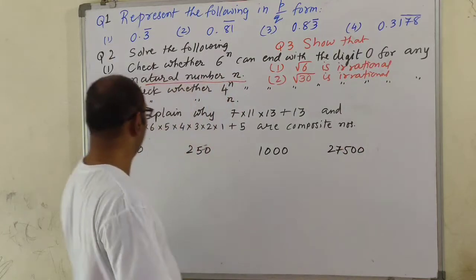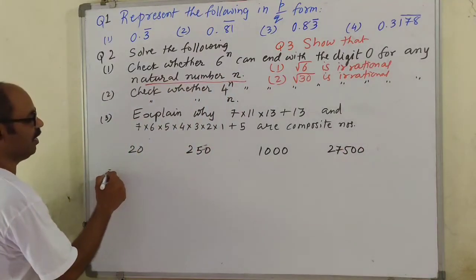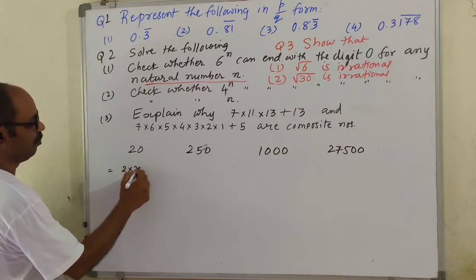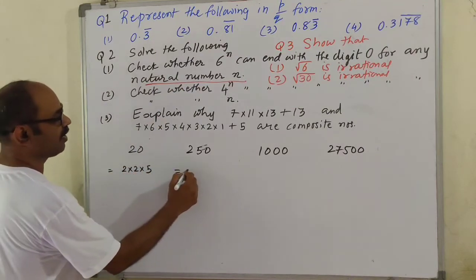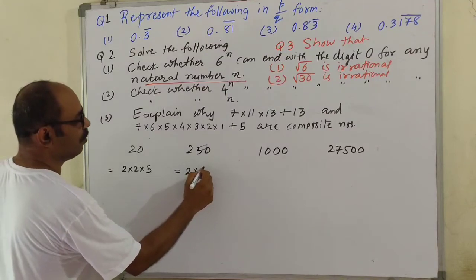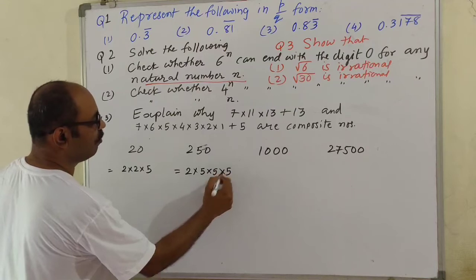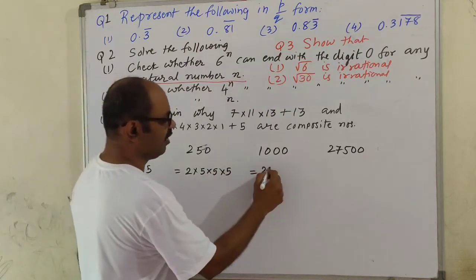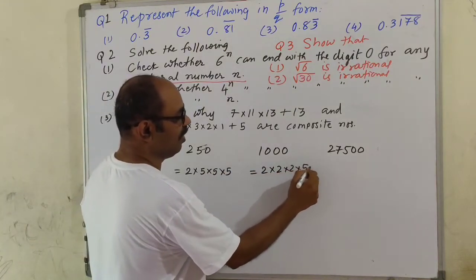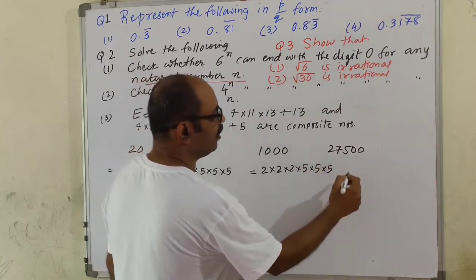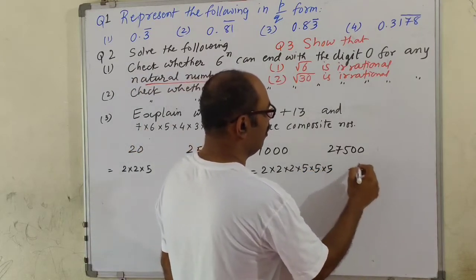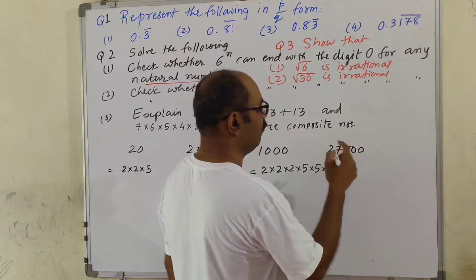Are you getting me? Find the prime factors of these. So this will be 2 into 2 into 5. For this one, 2 into 5 into 5 into 5. This has triple 2 and triple 5, and this one has only 5.